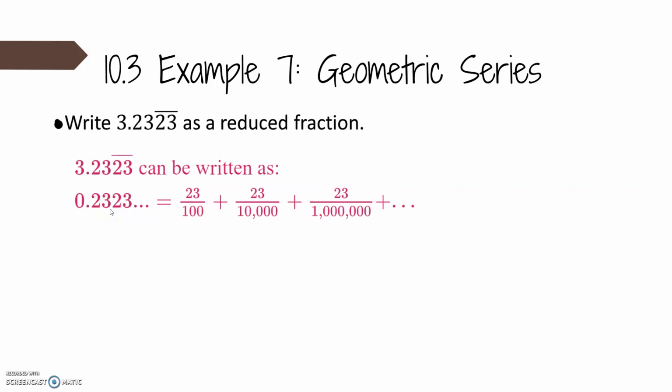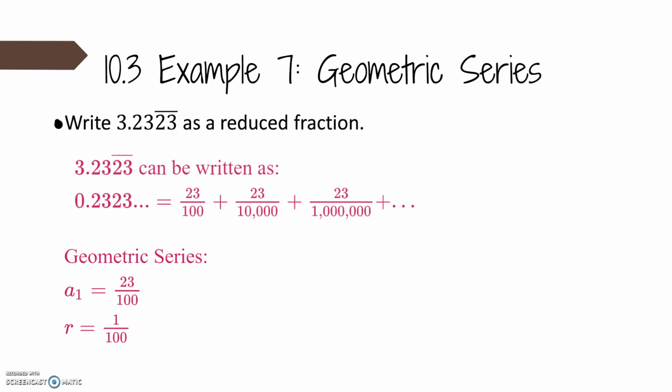This time, because we're repeating 2 digits, we have to jump 2 place values to get to the next one. So instead of multiplying by 1/10 like we did last time, we're multiplying by 1/100th from one term to the next. 1/100th jumps 2 place values to repeat the 2 digits. Well, we have A1, and we have r as 1/100th.